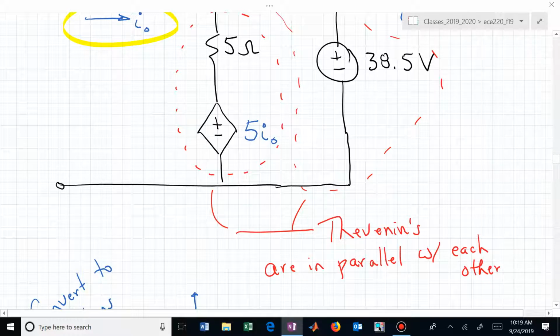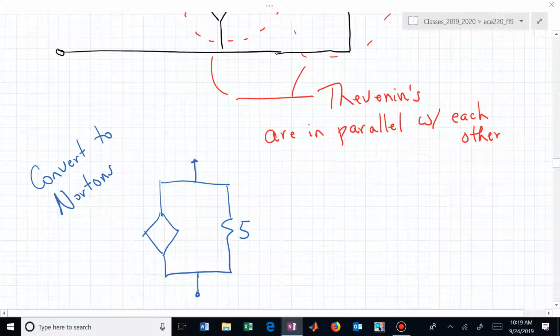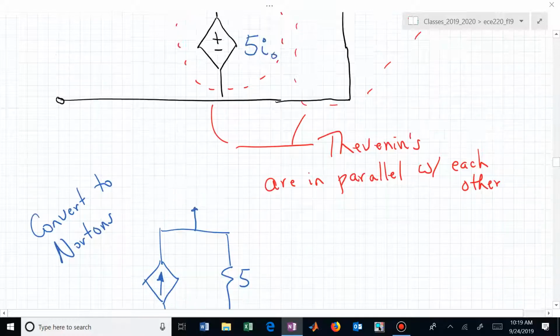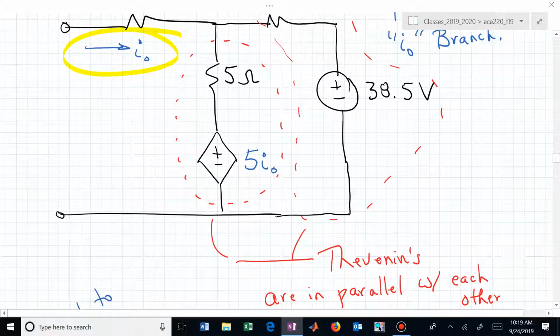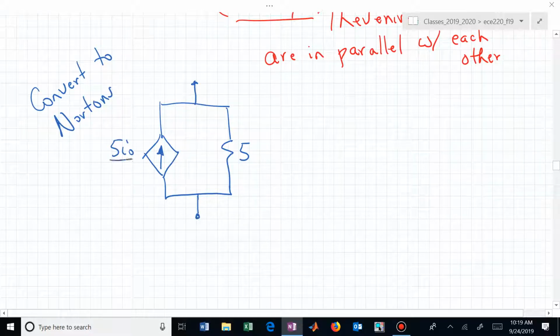It's now a dependent current source, and what direction is the current flowing? Up or down? Up. And what's the value of that current source? V over R, where V is 5 I sub 0, R is 5. This is now 5 I sub 0 over 5. That's now a dependent current source of value I sub 0.